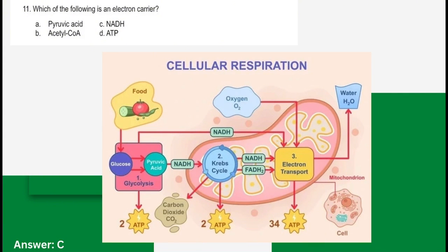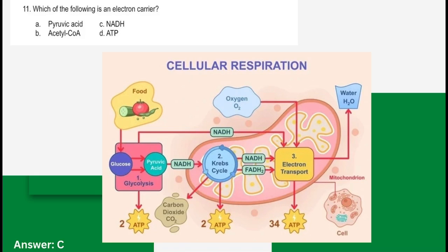In cell respiration, there are three main steps. First one, glycolysis, then the Krebs cycle, and then the electron transport chain or oxidative phosphorylation. Take note of that. Now, the answer here is letter C, NADH.